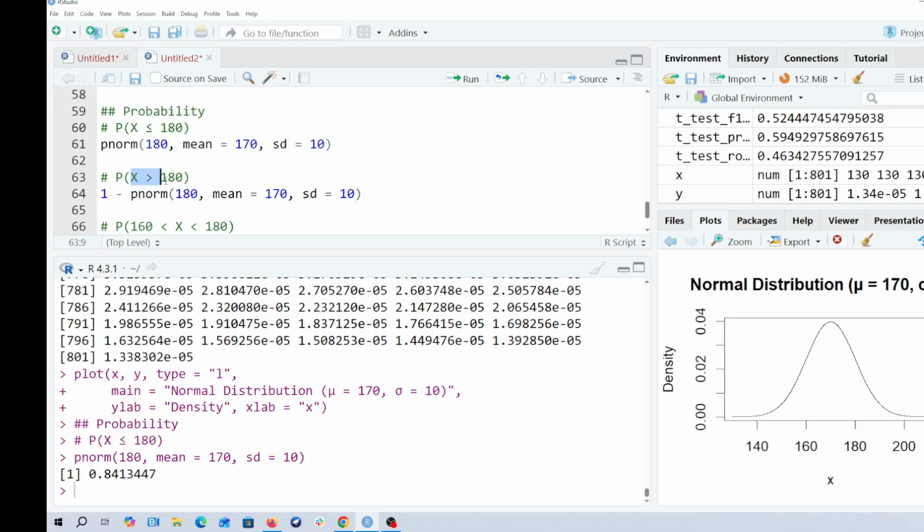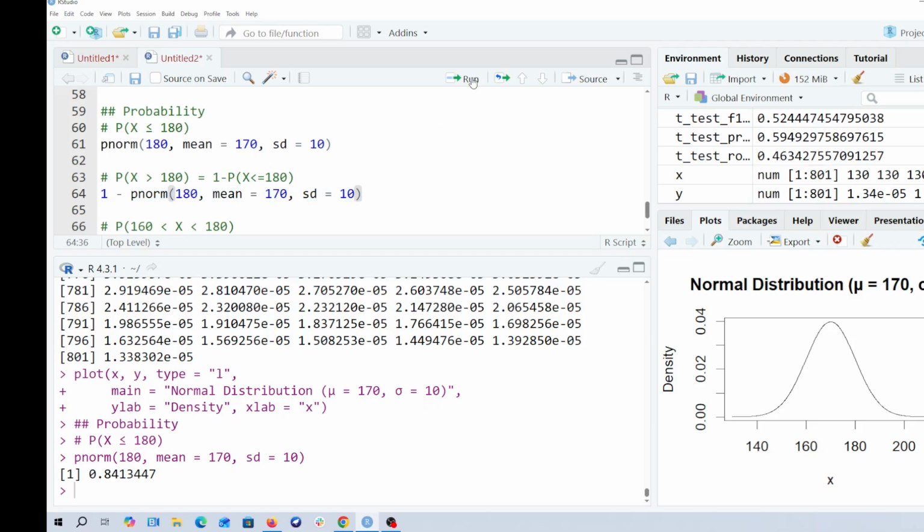0. Now, if I'm looking at something which is greater than 180, this will be the same as what? 1 minus the probability of x less than or equal to 180. So that is why we are having 1 minus pnorm of this.